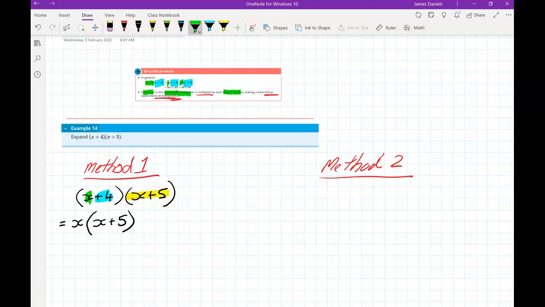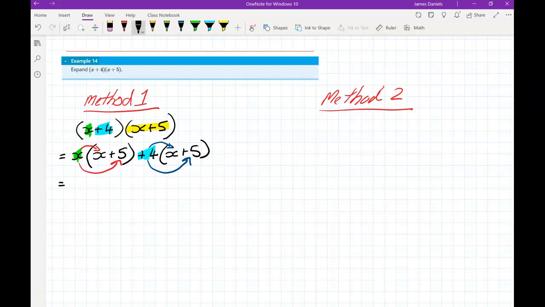I'm then going to take the second term, plus 4, and multiply it also by the second bracket. Now this is the same as exercise 1D, where we need to expand by doing our multiplication. So 1 multiplication, 2 multiplications, 3 multiplications, and finally 4 multiplications. That's why we get our 4 applications.